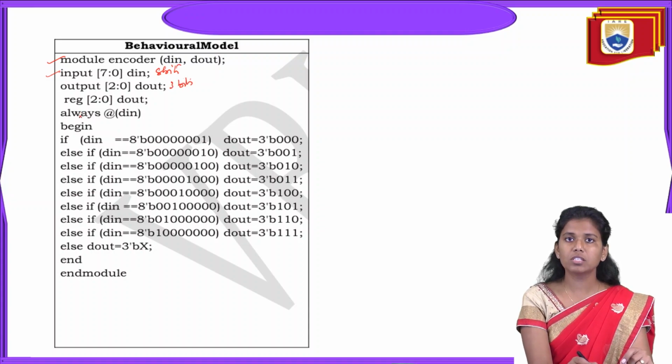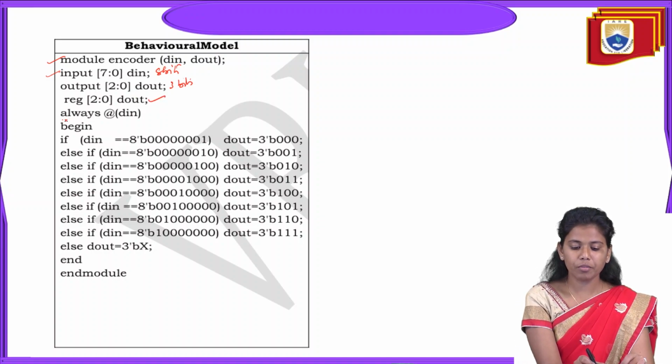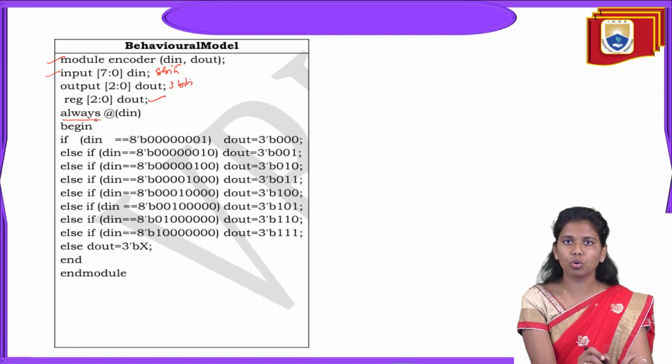And then reg is a data type that we mention with respect to the output. And remember, since we are writing code in behavioral modeling, we use the keyword always @ with respect to D in.